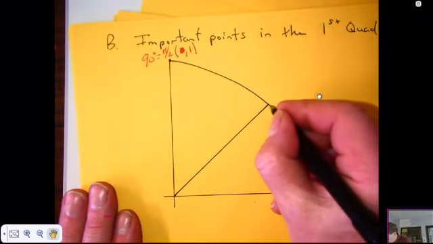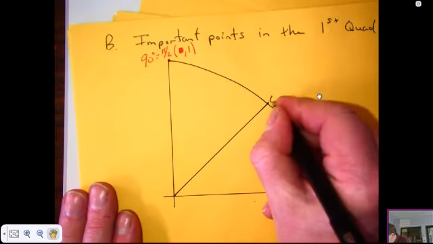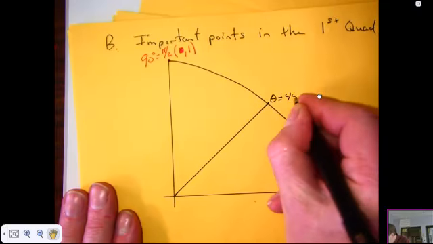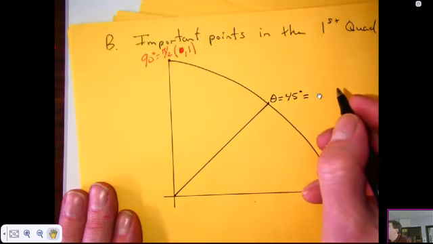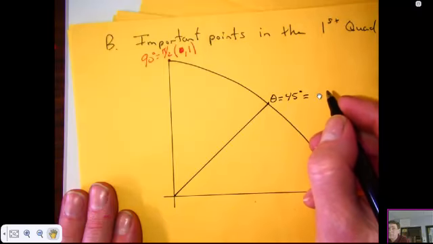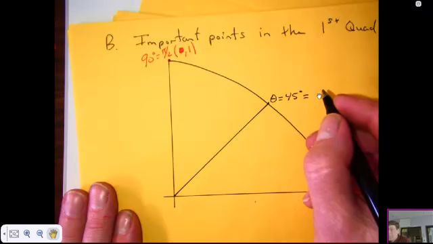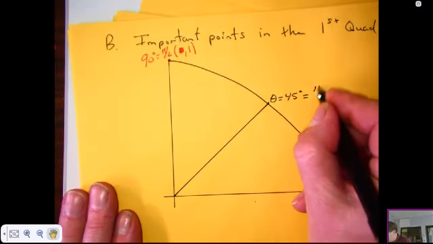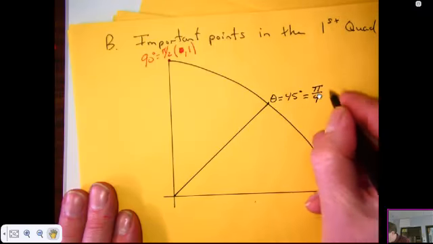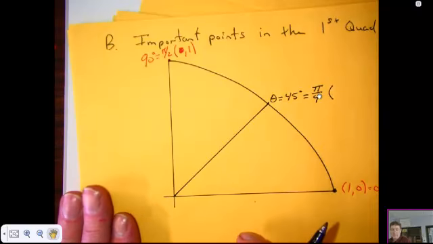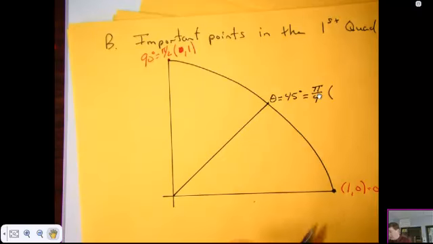First off, what angle is this? At this point, theta is 45 degrees, which is how many radians? Pi over 4. What are my coordinates here?